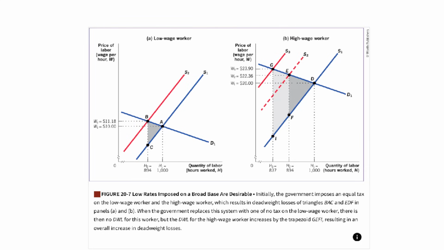You can do the underlying math with arc elasticity, and you'll find that it lowers the hours worked from 1,000 hours to 894 hours. And that raises the equilibrium wage, because there are fewer people working, to $11.18. It creates a deadweight loss of ABC. So the 20% tax on low-skill workers has created a deadweight loss.